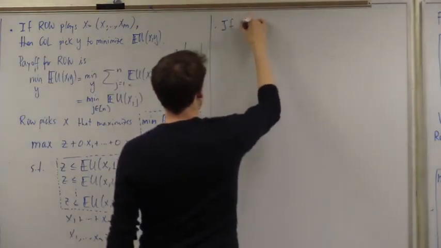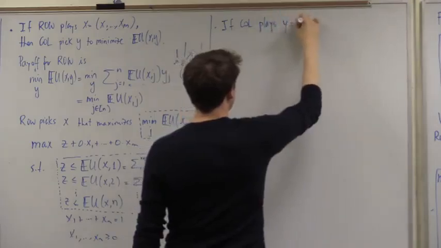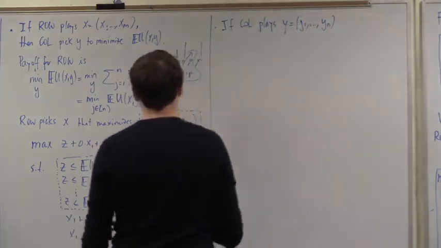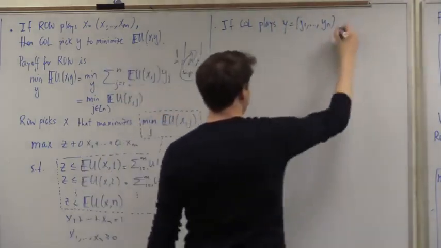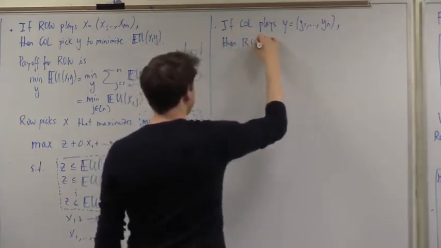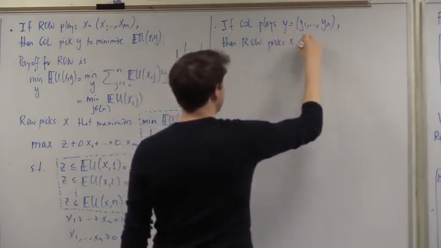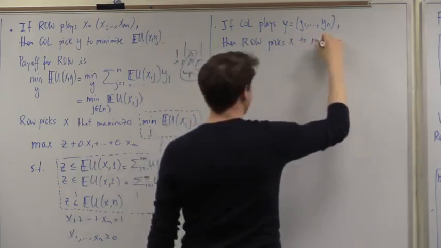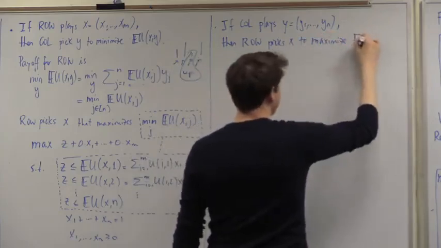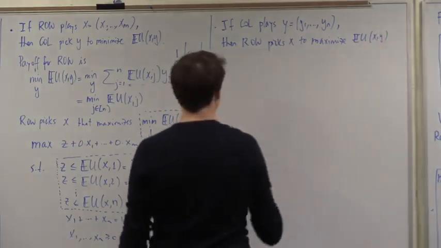So if the column player plays y, which is y1 through yn, right? There are only n strategies for the column player. Then the row player picks x to maximize the expected utility of x and y.